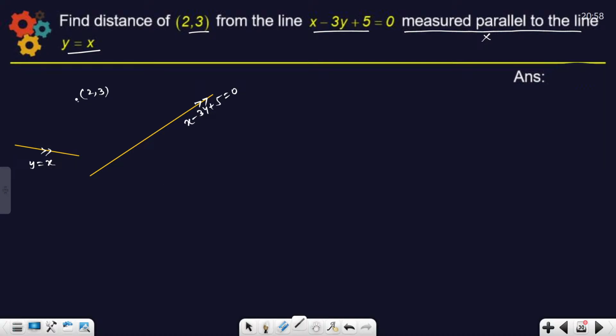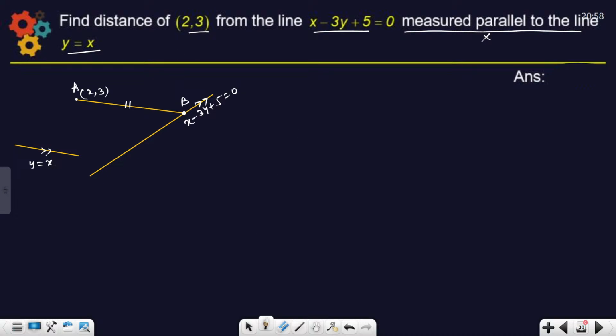That is, if you draw a line from this point parallel to y equals x, it is going to intersect this line at, say, B. This point is, let us say, A. So you have to find out this distance AB. This is not the perpendicular distance. Don't make this mistake.